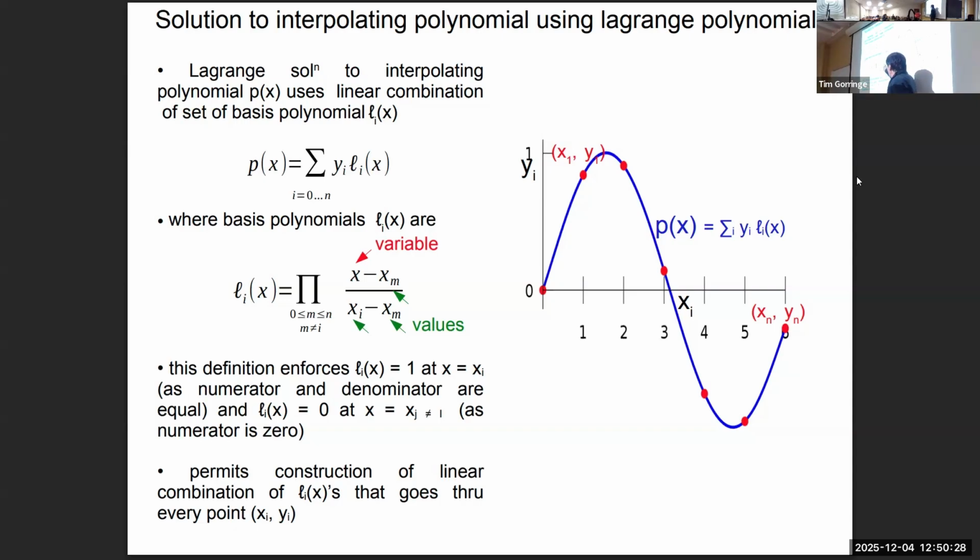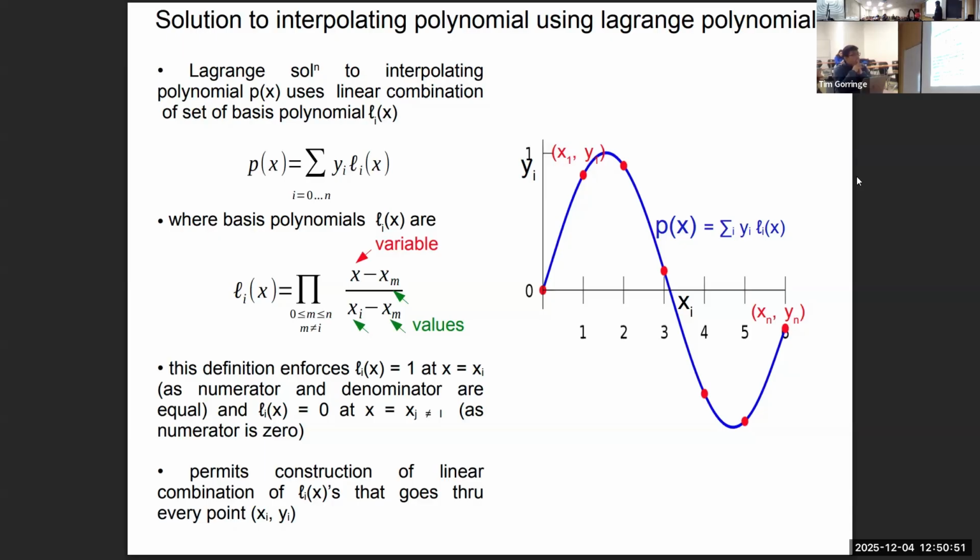The Lagrange basis polynomials, I call them this cursive L here. They have this index i that runs from 0 to n, where n plus 1 is the number of data points that we have. They're given by this little expression here.